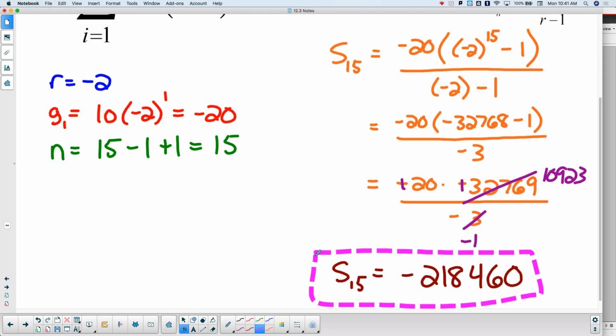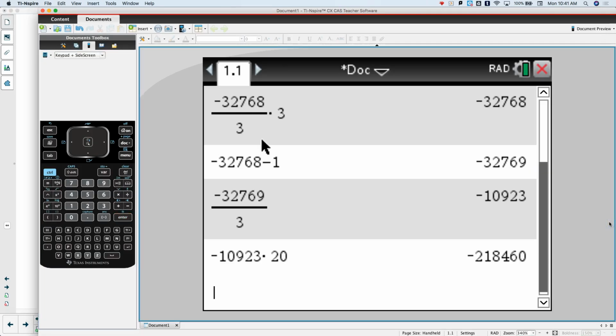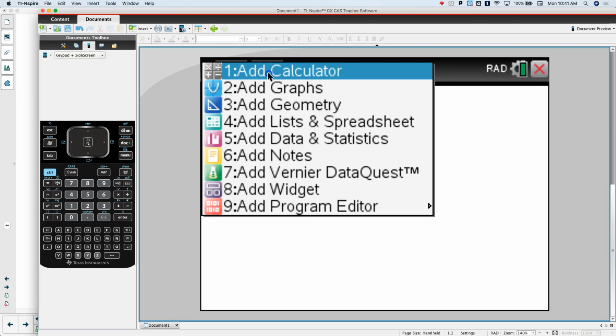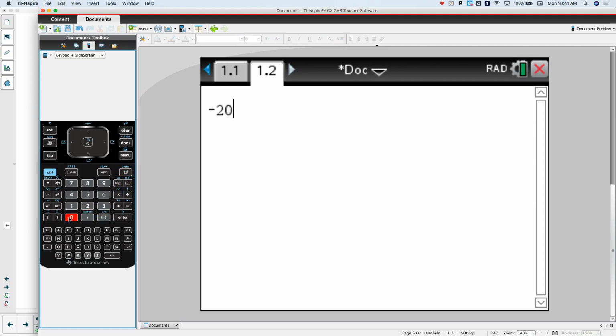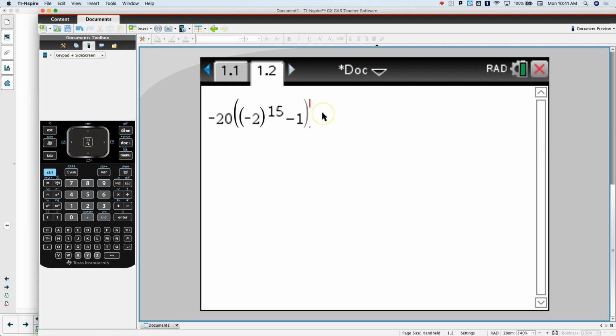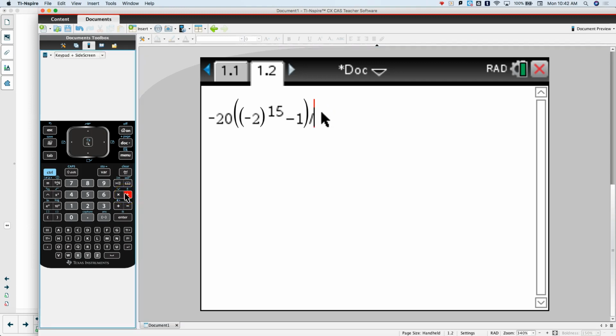If you're careful on how you punch it into the calculator, actually here I'll do it without, you can go negative 20 times negative 2 raised to the 15th power minus 1, divided by negative 2 minus 1.